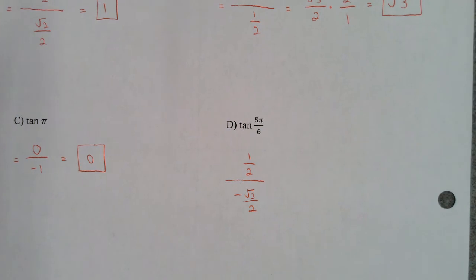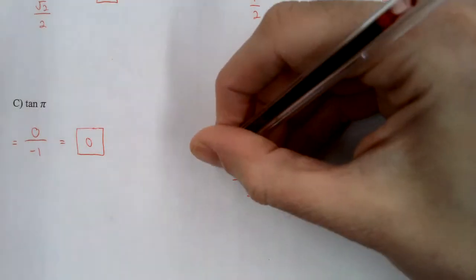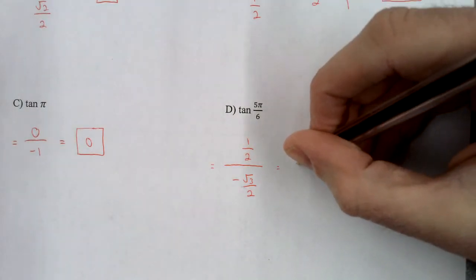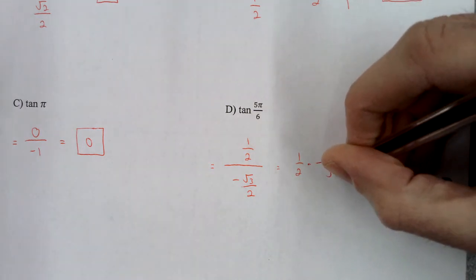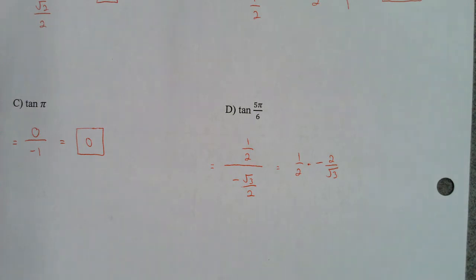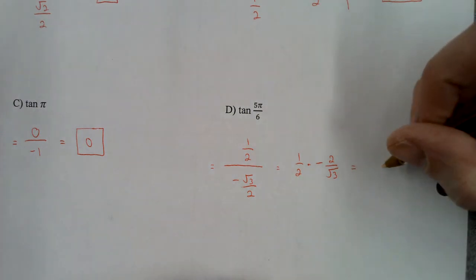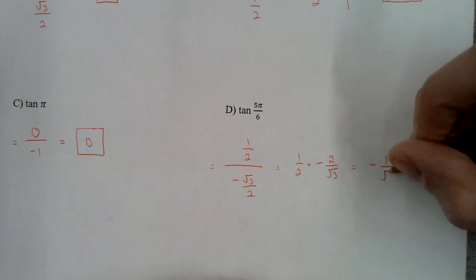Change that to multiplication by the reciprocal. The 2's multiply out, and what we have left is negative 1 over square root of 3.